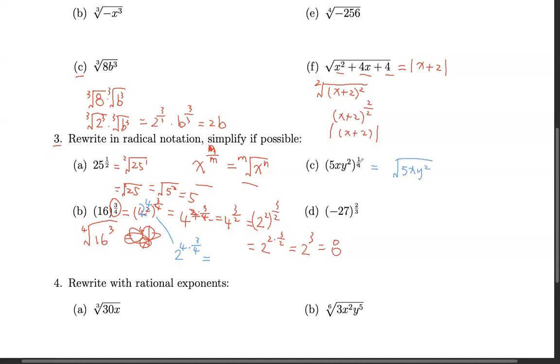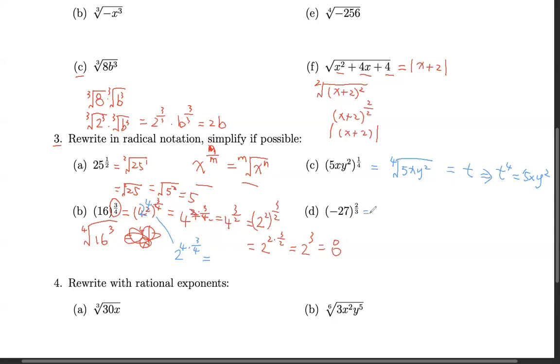The denominator of the exponent is 4, so the index is 4. And this cannot be simplified. Let's say this means something, t. Equivalently, t raised to 4 equals 5xy squared. Now this cannot be simplified, we just leave it as it is.